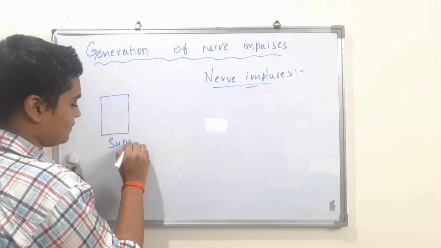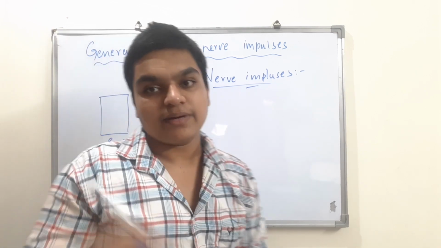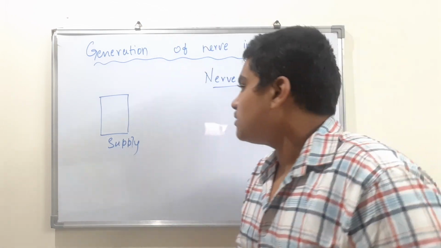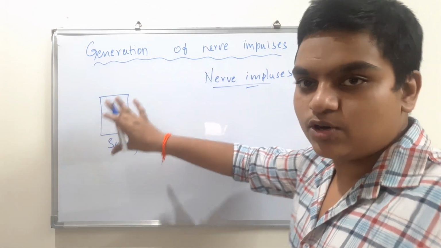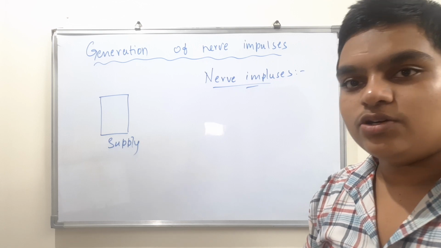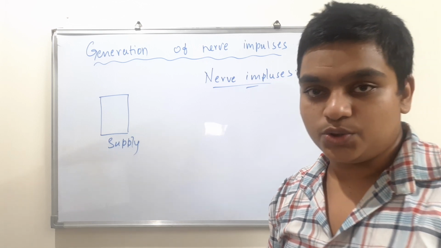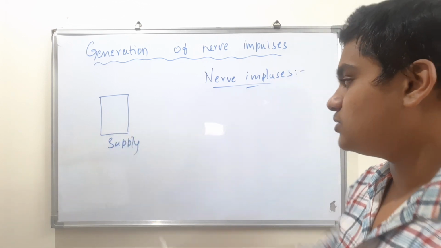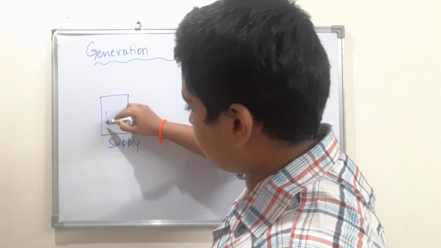It is the main supply. In our house, electricity is not produced, so it is the main power supply. We have some MCBs here.